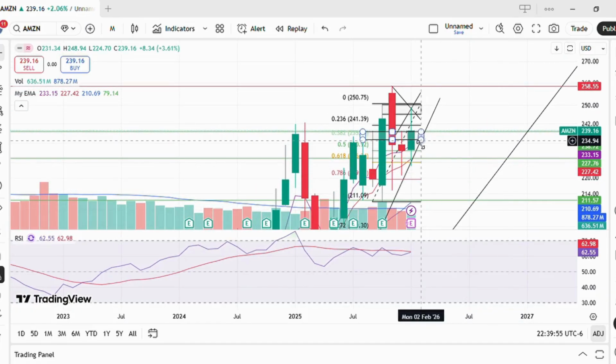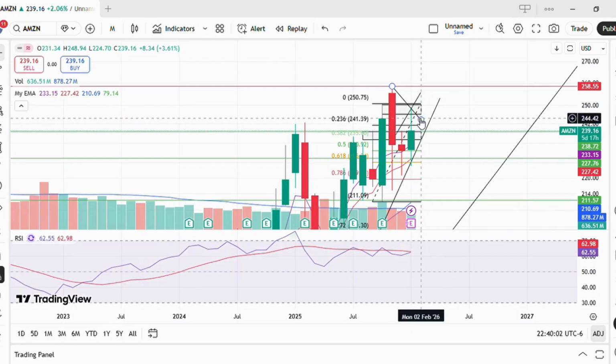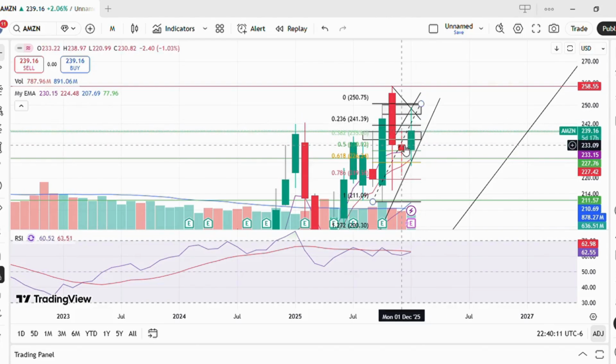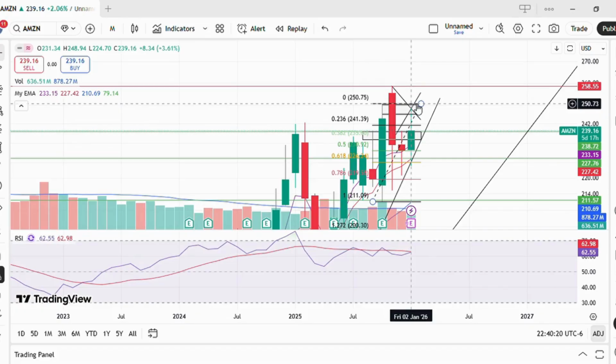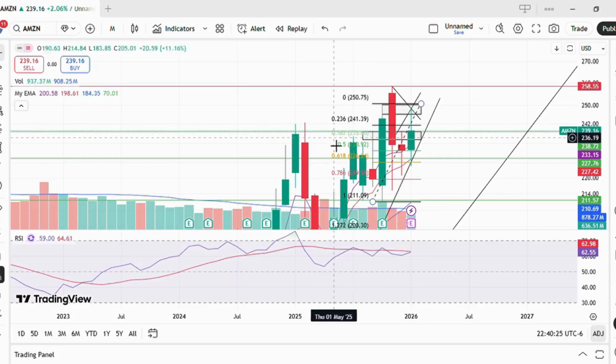And if this month's candle closes anywhere above 242.5, then this will also look like a morning star pattern, a doji followed by an engulfing candle, retesting this previous breakout with the morning star pattern.